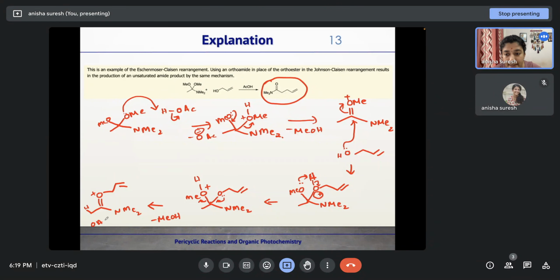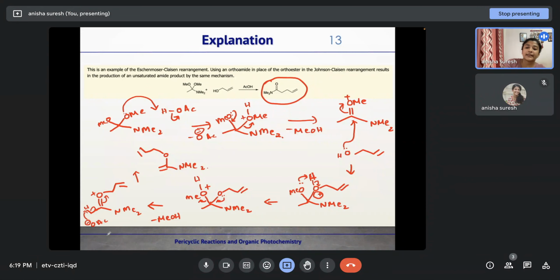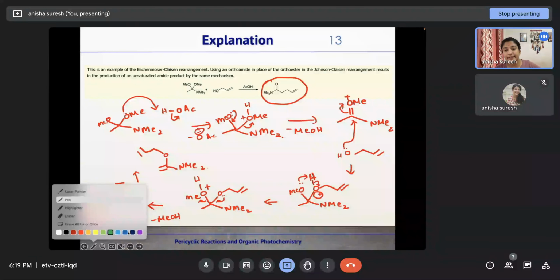OAc minus will be present in the medium. It will abstract this proton and we will get the allyl vinyl ether. So double bond O, NMe2. Now this is the intermediate that will undergo the Claisen reaction.